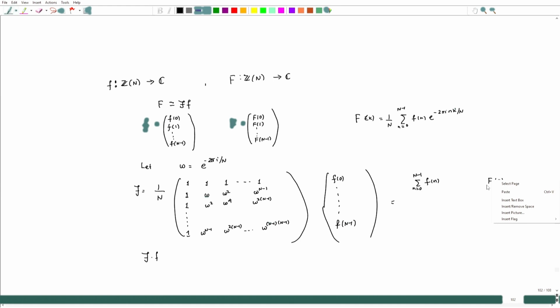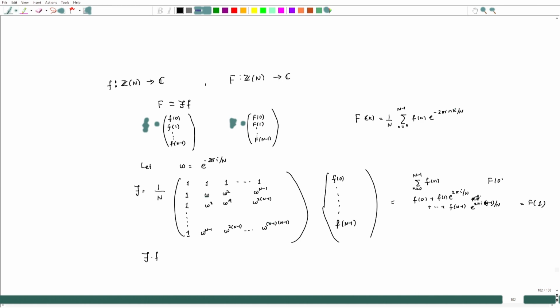Now, in the second row, if I multiply, I am going to get f 0 plus f of 1 into e to the power minus 2 pi i by n, plus f of 2, and this goes on up to f of n minus 1, and this is nothing but F of 1.